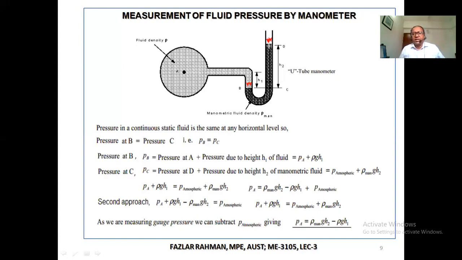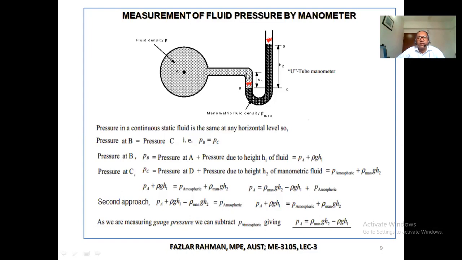Now, from here, how can we measure the pressure at point A? That we need to figure out. Okay, so let me take the other thing.